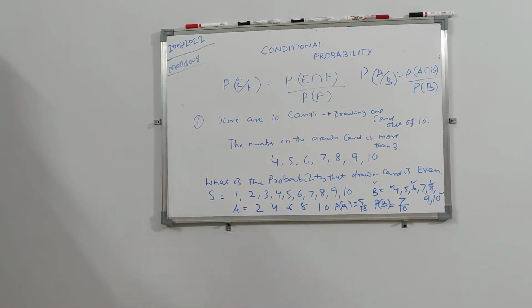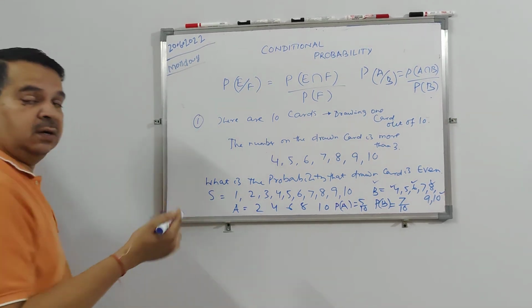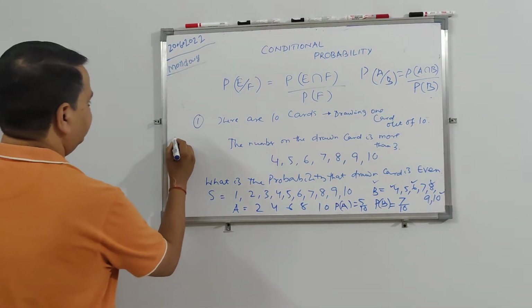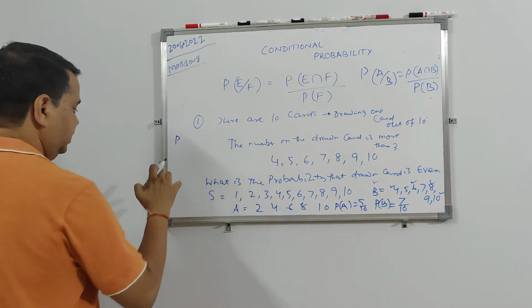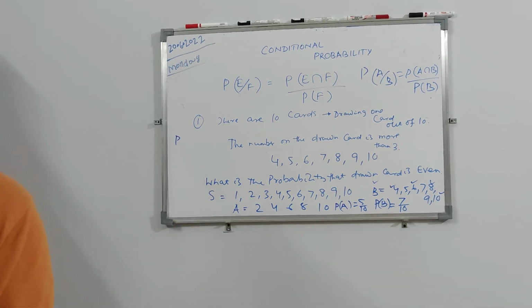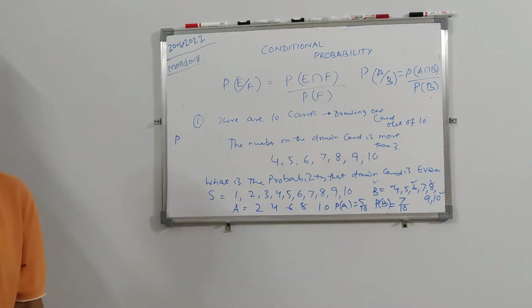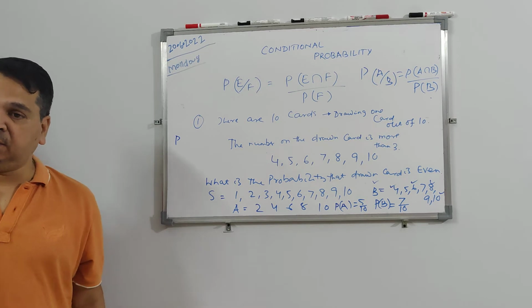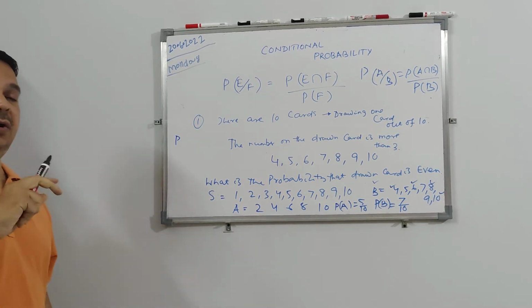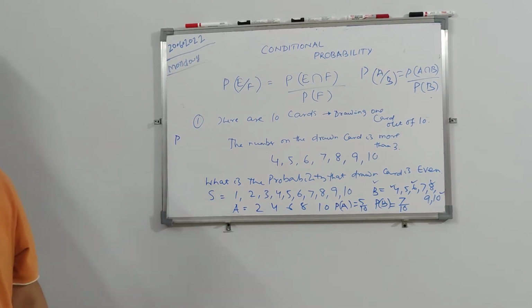So that is called conditional probability. So conditional probability is finding the probability of something with the condition that something else has already occurred.